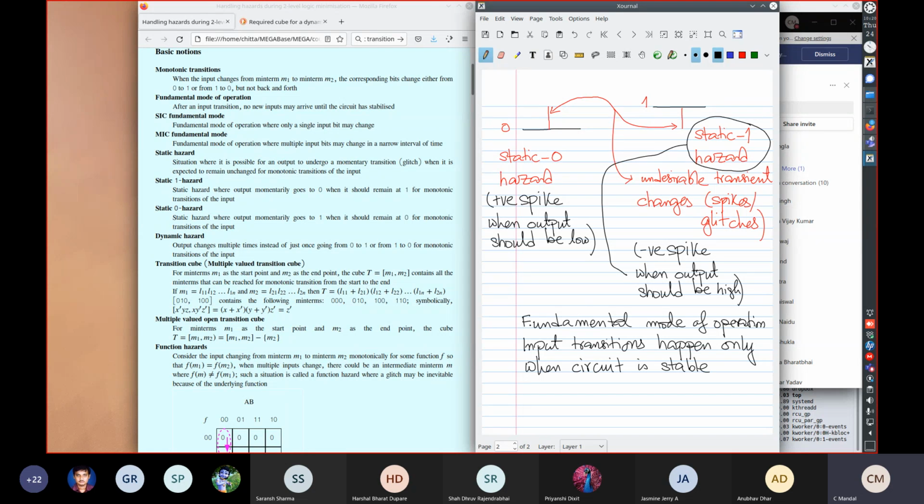So this is your fundamental mode of operation, and there you have a single input change, or you can have multiple input changes. This is of course the single input change.